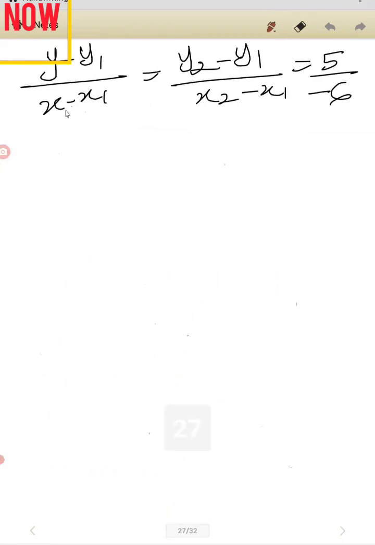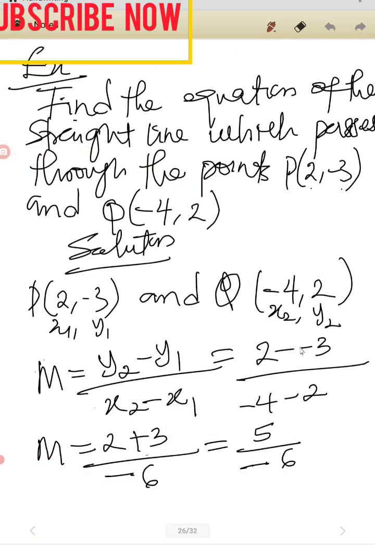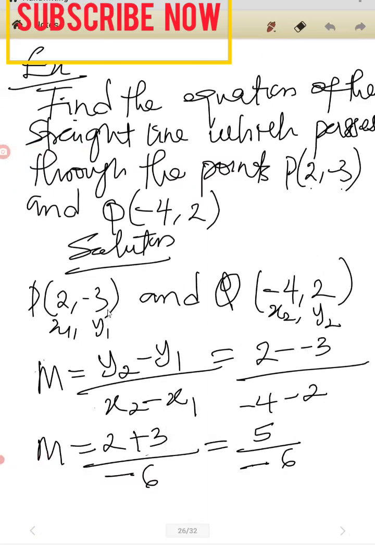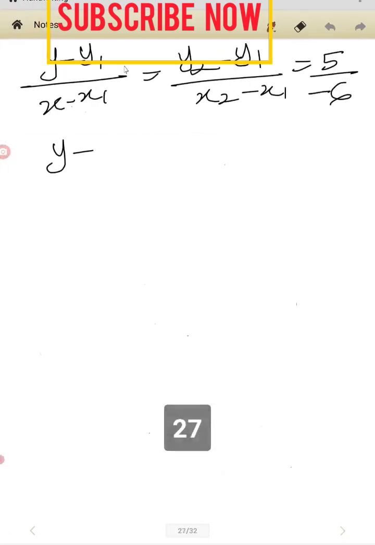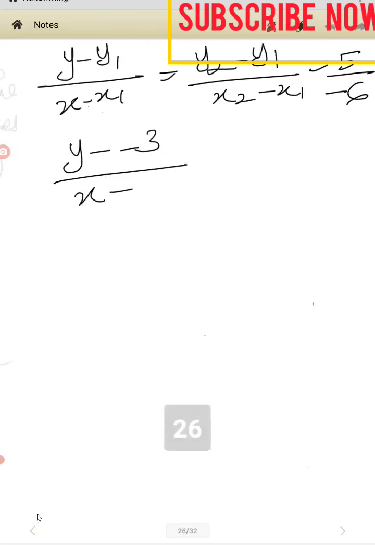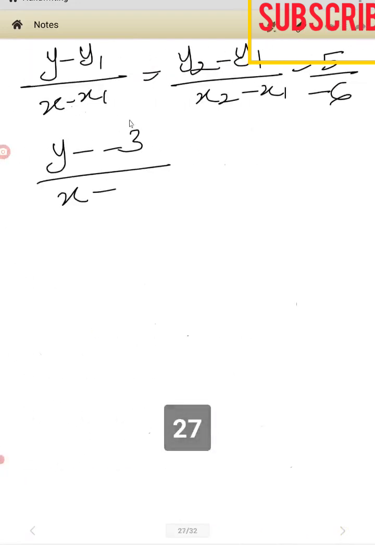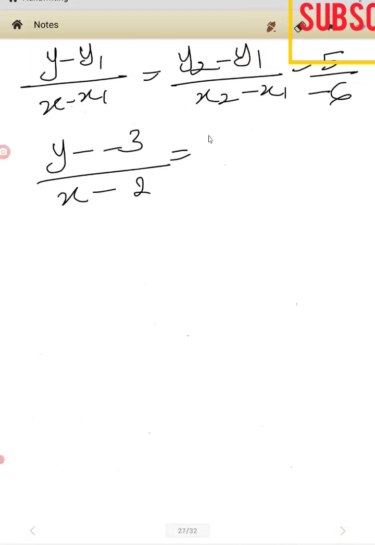We now have y minus, recall that our y1 is minus 3. So minus 3 all over x minus, what is our x1 from our analysis? It is 2. So our x1 is 2, which is equal to 5 all over minus 6.